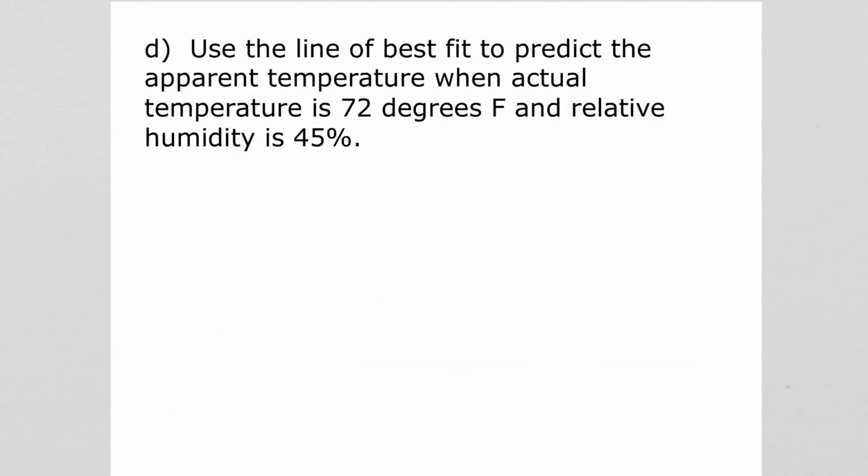And the last part, Part D, says use the line of best fit that we've found to predict the apparent temperature when the actual temperature is 72 degrees and the relative humidity is 45%. So we're going to use our line that we found using the calculator.